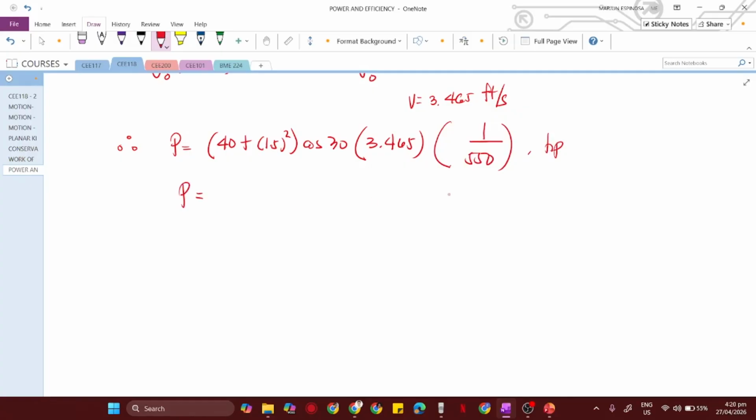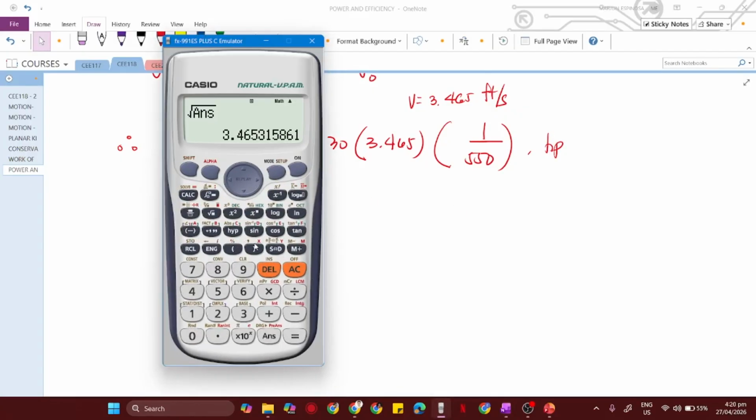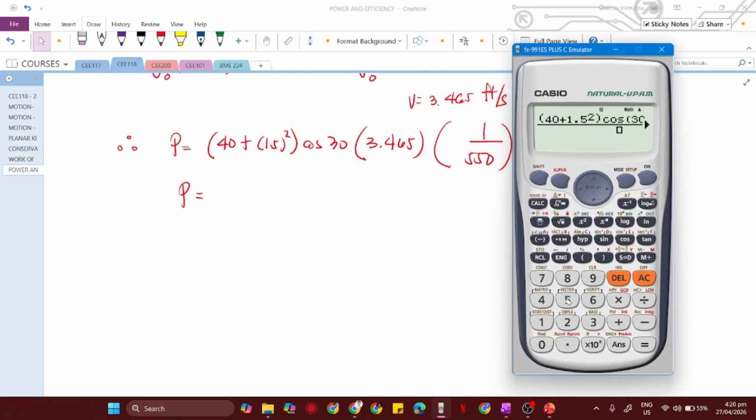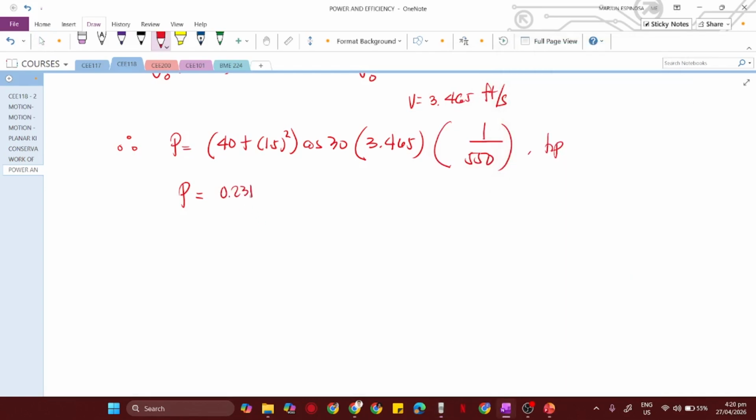Okay, power therefore is equivalent sa 40 plus 1.5 square, then cosine of 30, then 3.465, divide it by 550. You would get 0.231 horsepower. Ito yung magiging sagot natin for this problem.